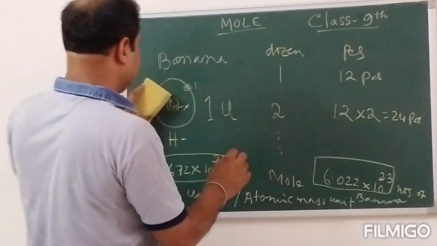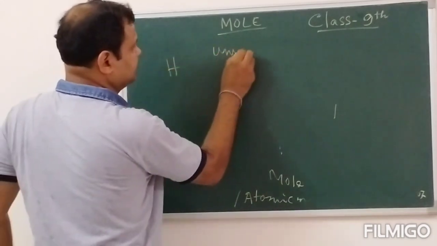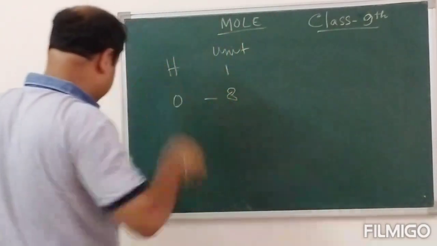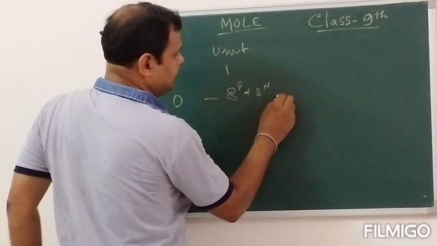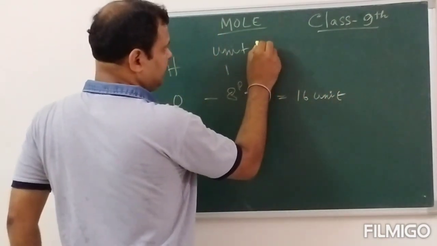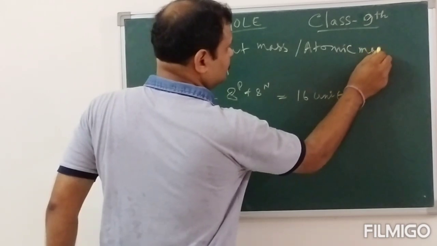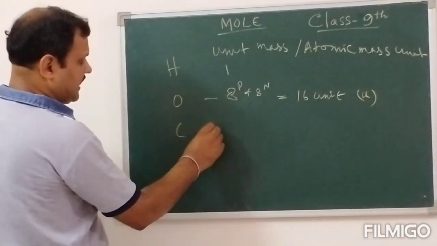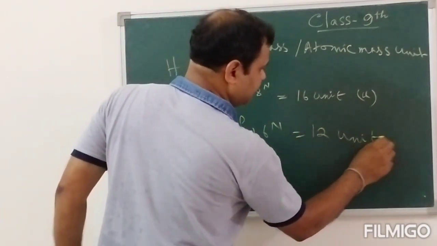Similarly, oxygen has atomic number 8, which means it has 8 protons and 8 neutrons, so we can say it has 16 units of atomic mass. We express the atomic mass unit sometimes as U. Similarly, carbon has 6 protons and 6 neutrons, so we say 12 units or 12 U.